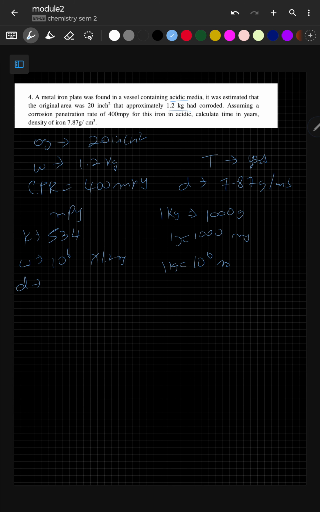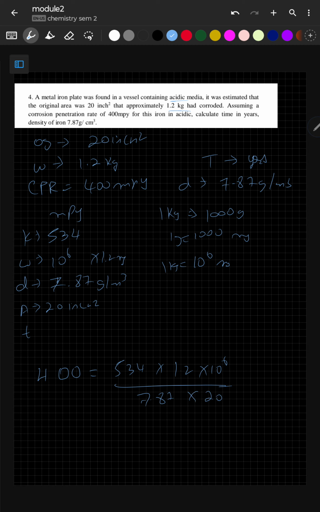K, W, density given, 7.87 gram per centimeter cube. Area 20 inch square, that's what we need for mpy, and time to find out. So 400 equals 534 into 1.2 into 10 power 6 by 7.87 into 20 into t.